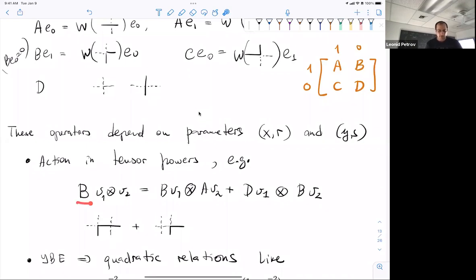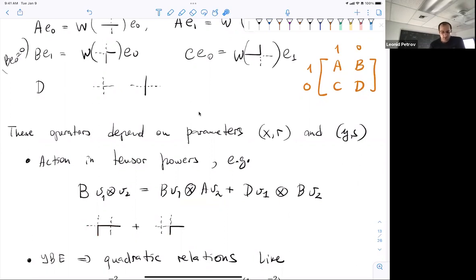For example, in the case of 2 vectors, I can act by B on a tensor product of any two vectors. Actually, v1, v2 might come from arbitrary spaces anyway. But if v1, v2 both come from C2, then B with these boundary conditions is always going to be the sum of two terms, depending on where the arrow turns. So either it's B tensor A, or it's D tensor B, and so on.